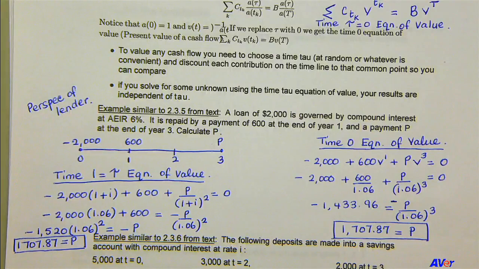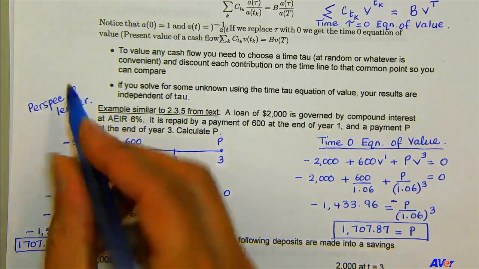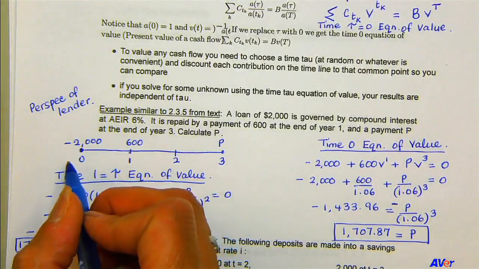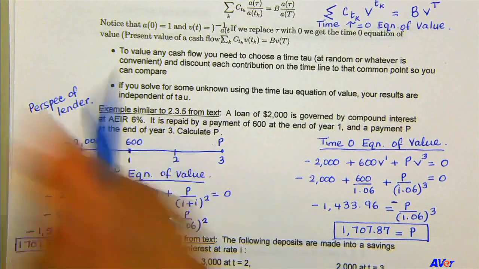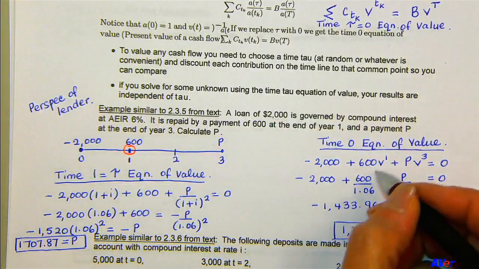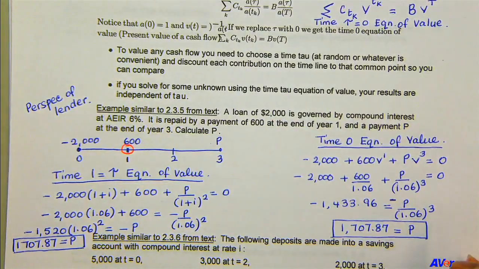Where'd you get the 1 plus i multiplied by 2,000 under your tau equation of value? Here? Yeah. So this 2,000 is 2,000 at time 0. What is its value at time 1? I am bringing everything to time 1 in this one. In this one, I was bringing everything to time 0. Oh, because it wasn't there because you were at time 0.